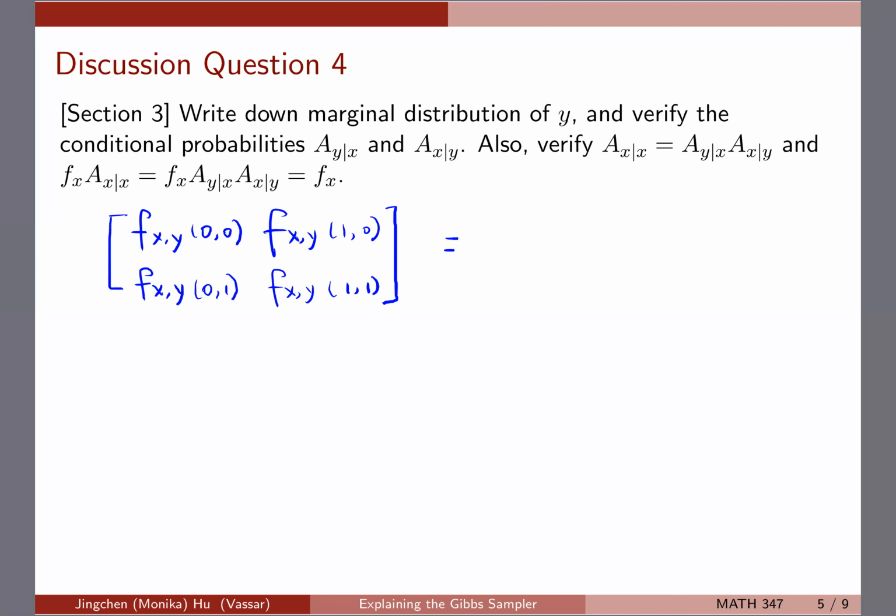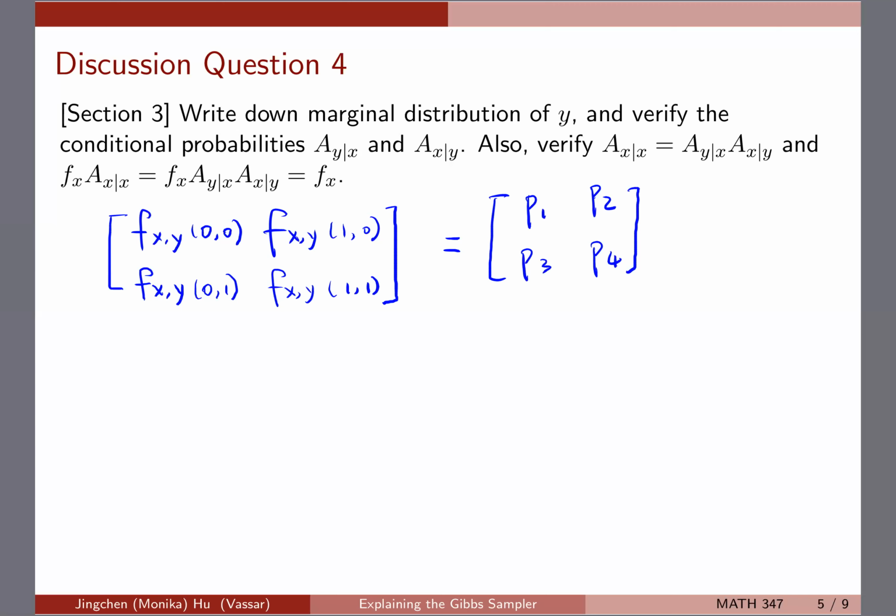And what's given to you is those probabilities. So this is the starting point. This is the joint. And what we know is from the joint, you can write the marginal.